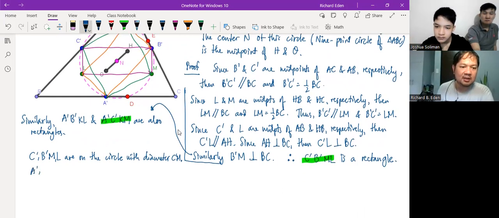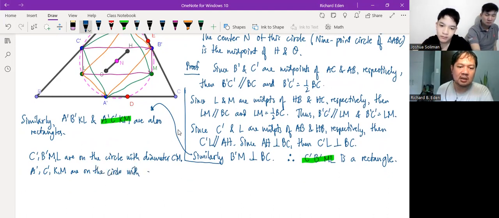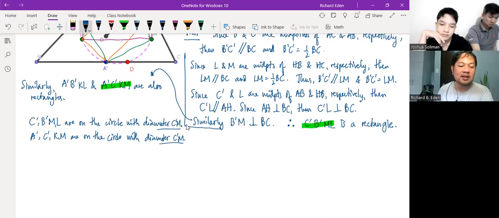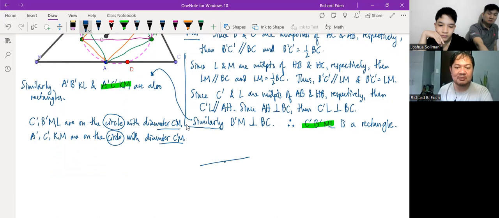So A prime, C prime, KM are on the circle with diameter also C prime M. Pero look, oh, two circles sharing the same diameter. Therefore, these circles must be the same circle. Kasi mag-drawing ka ng segment, if you think of this as a diameter, isang circle lang ang madodraw mo dyan.